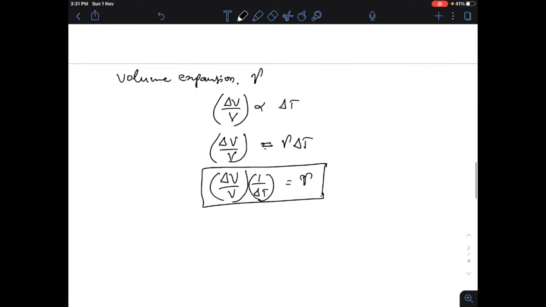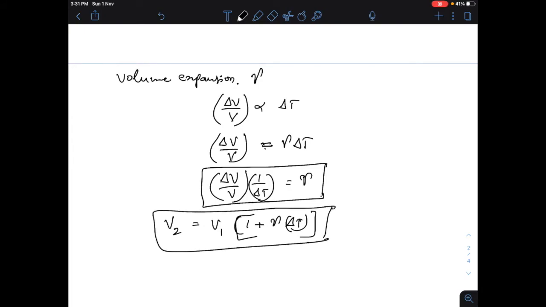In terms of the similar expression, I can write V2, the changed volume, is equal to V1 times 1 plus gamma delta T. So this is the expression for volume expansion. Depending on how the data is given, either you can use this formula or that formula.